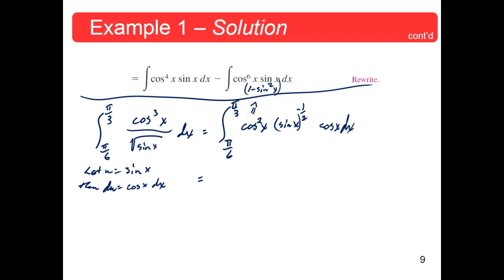But in order to do that, I also need to change my limits. So when x is equal to pi 6, what is u? Sine of pi 6 is?